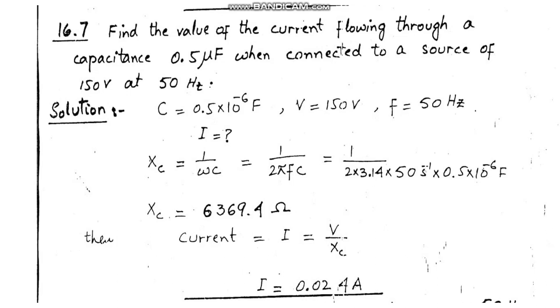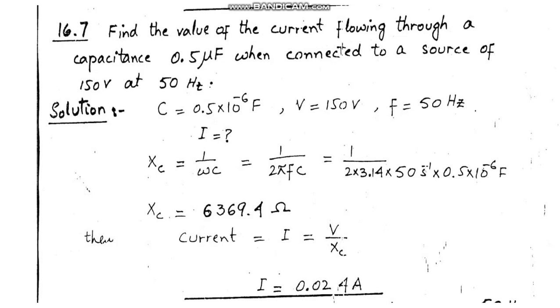Xc is equal to 1 over omega C. Omega has a value 2 pi f. Put in this formula 1 over 2 pi f c, and putting the values, we get the answer Xc is equal to 6369.4 ohm.